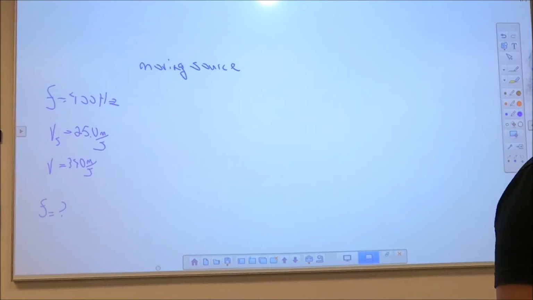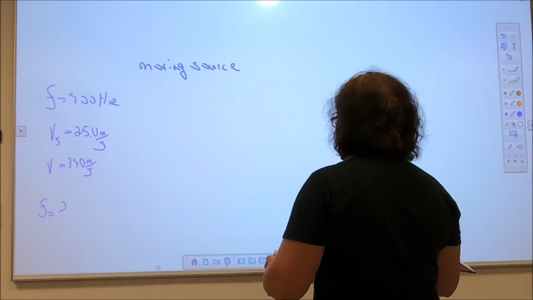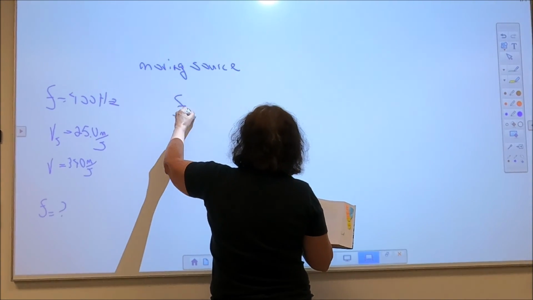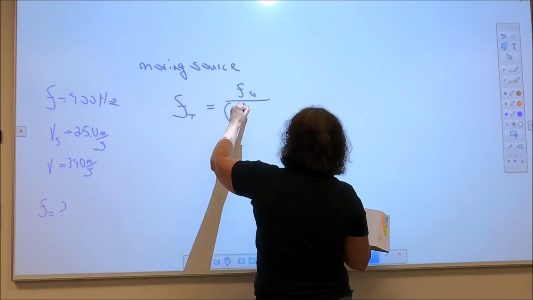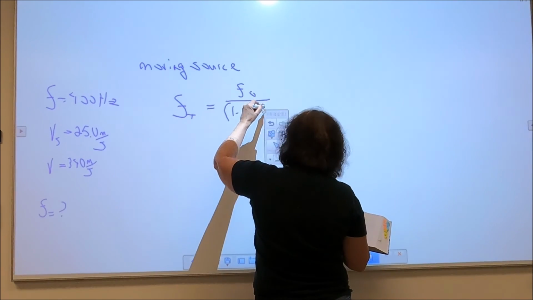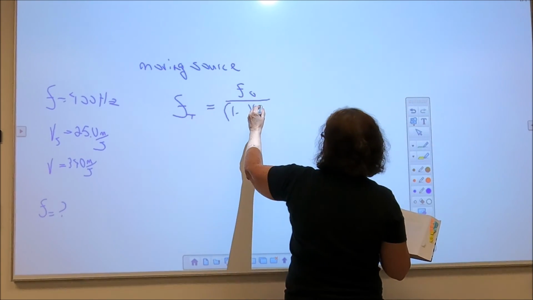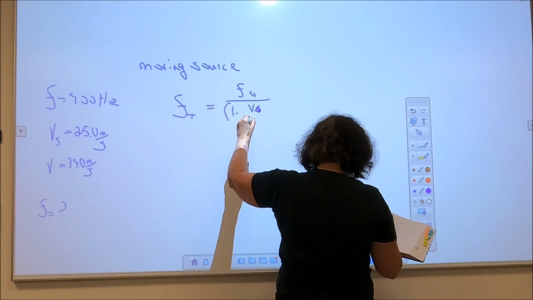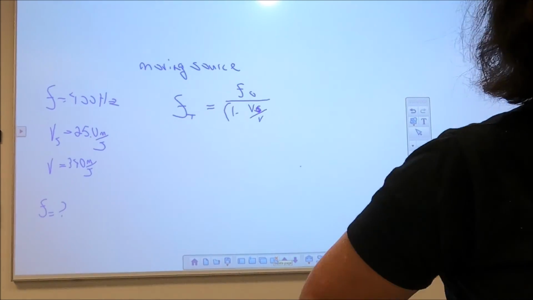Now, because we have a moving source, I know which equation I have to use. If I have a moving source, and the source is approaching me, I'm going to use f plus is equal to f_0 over 1 minus v_source divided by v. So let's plug in here.